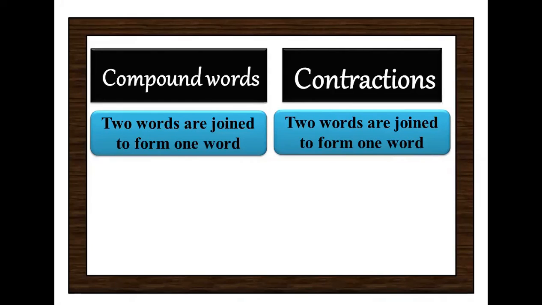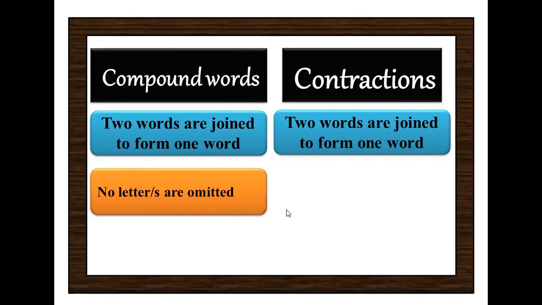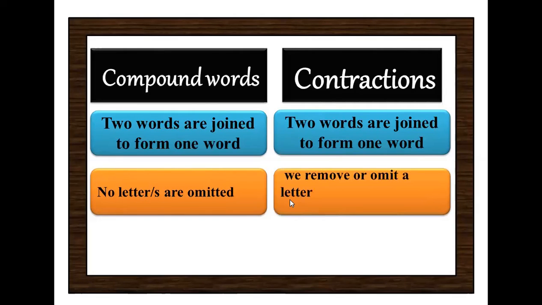So this is the similarity that compound words and contractions share. Now coming to the differences. While making compound words, no letter or letters are omitted. Whereas in contractions, we remove or omit a letter or letters from the second word.